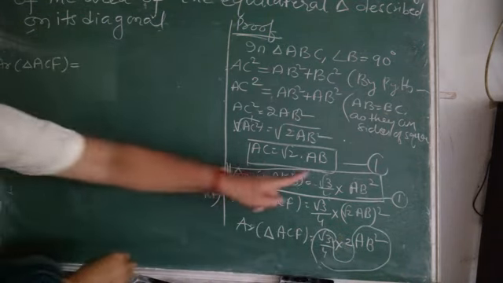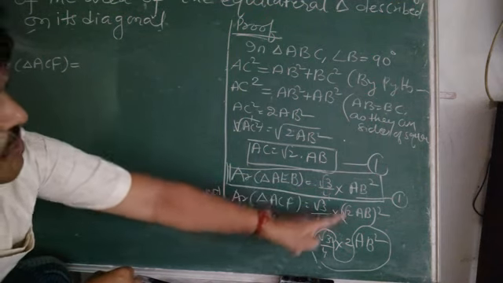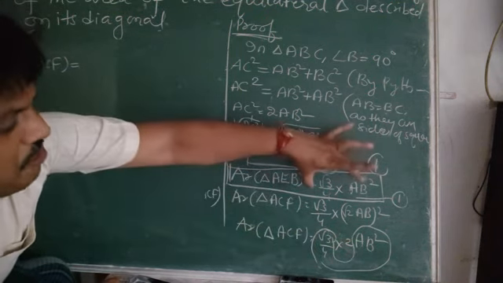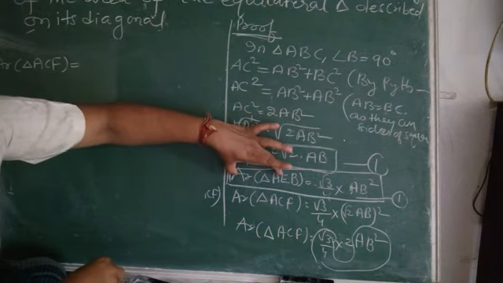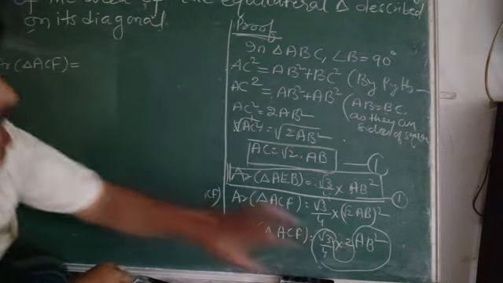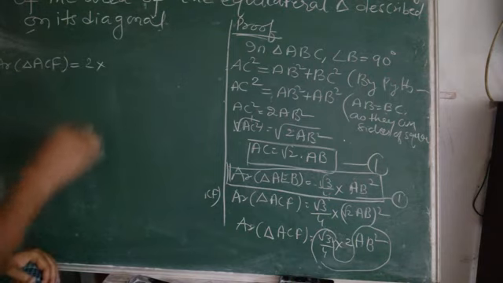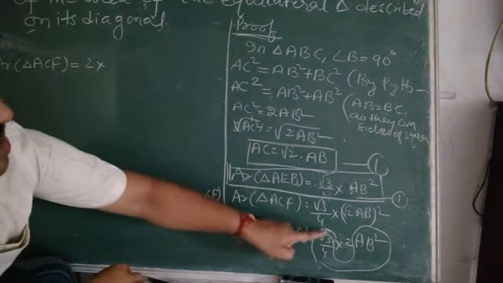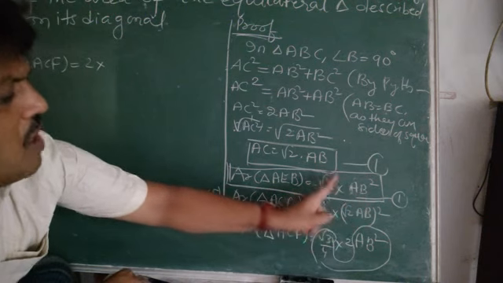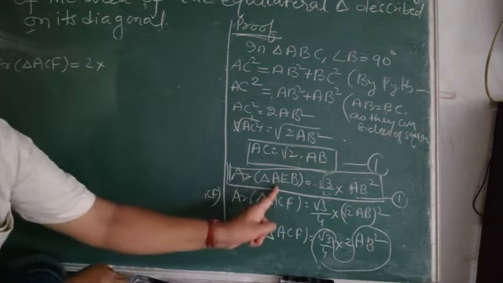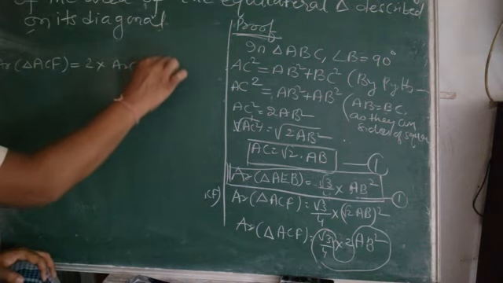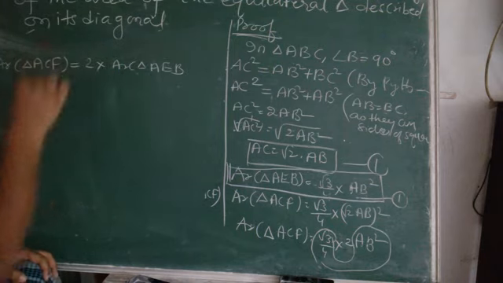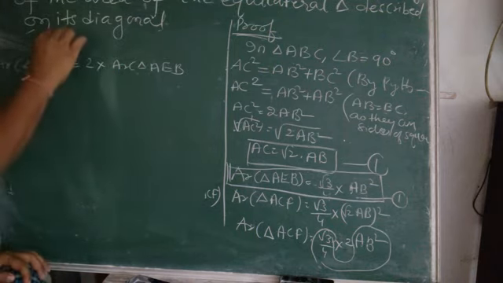See, root 3 by 4 AB square, in this place what can we write? Area of triangle AEB. And here 2 is extra, so I am writing 2 as it is. In place of root 3 by 4 AB square, I am writing area of triangle AEB. How?